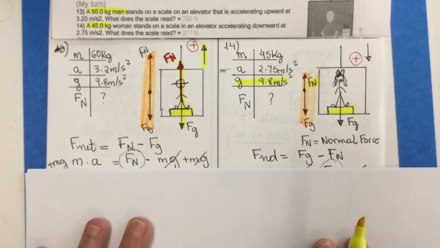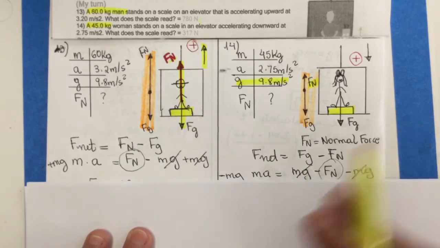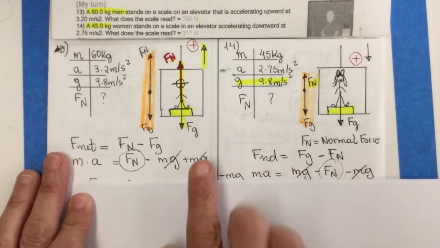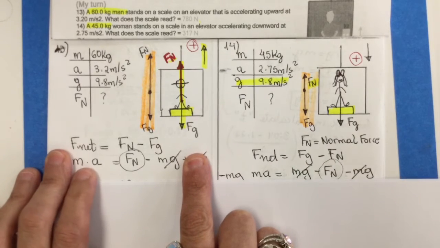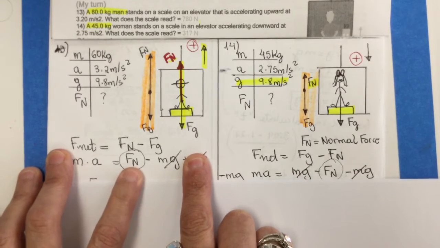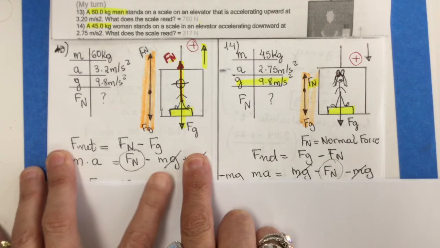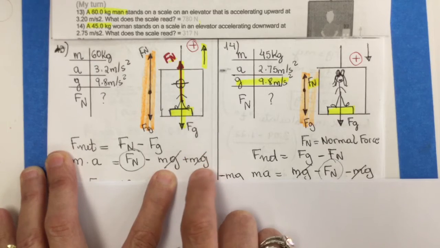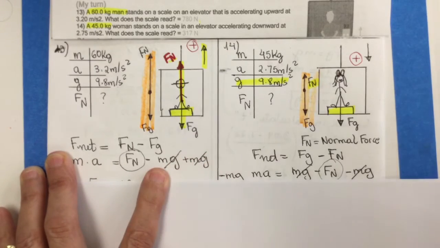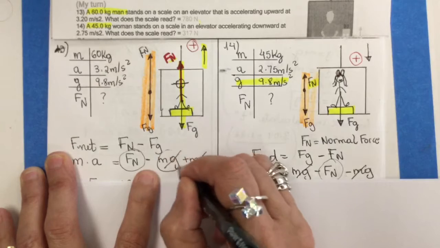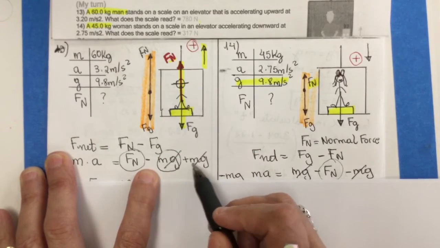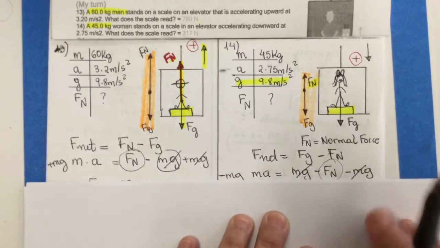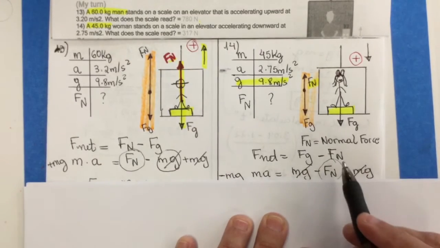Now, the rest is pretty straightforward. We are going to start right here. Our Fnet is ma, Fn is what we want to calculate, and Fg is mg. We want to eliminate this, so we add mg, because this is minus mg. Likewise, on the other side, we have the same idea.